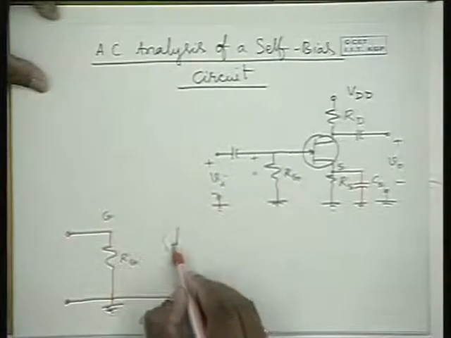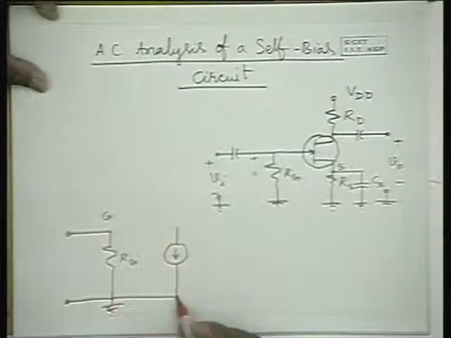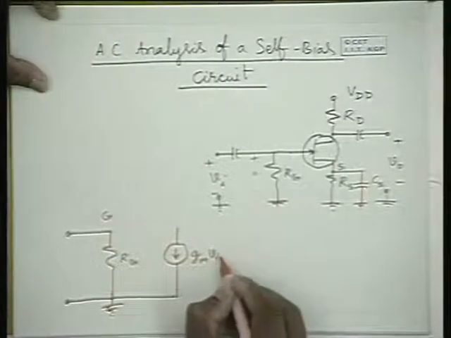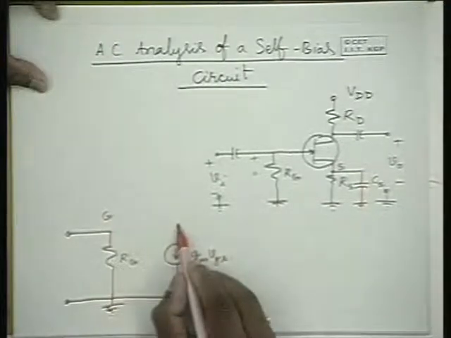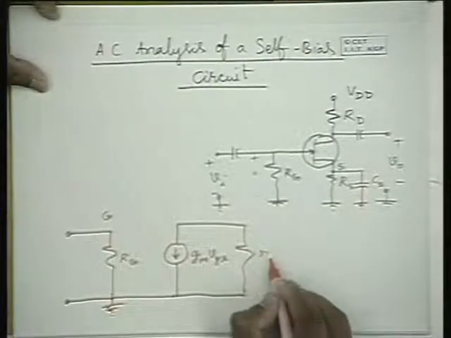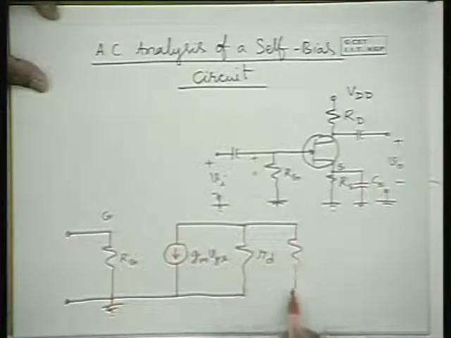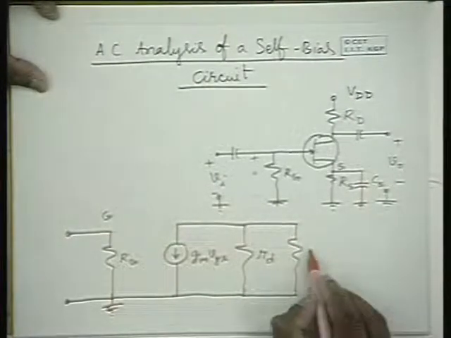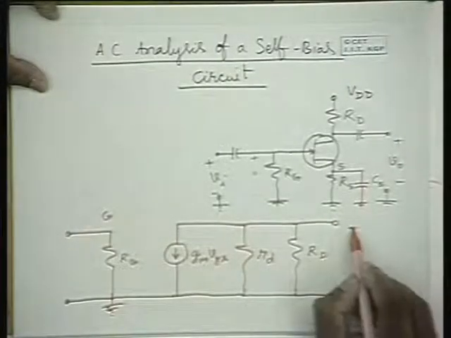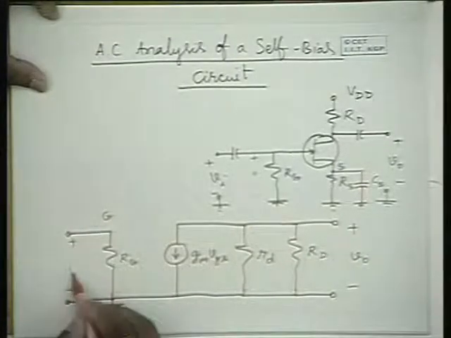Now between the drain and the source you have the voltage controlled current source gm VGS coming into picture, and you have the channel resistance rd coming in parallel with this, and the drain resistance RD is here, and this is the output V naught, and this is the input Vi.